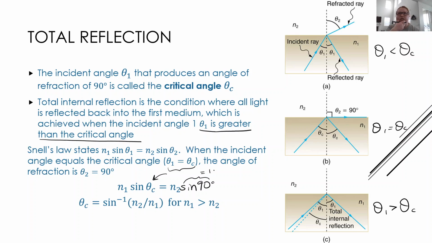So it would be like going from water to air. So, for example, water to air, where water is 1, air is 2. Okay, hopefully you guys followed that bit right there, but this is the idea that we can find the critical angle of a medium, okay?